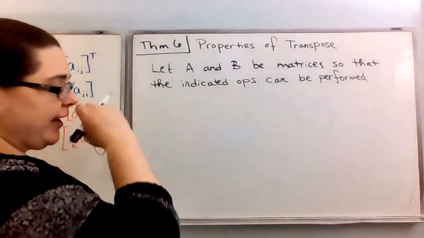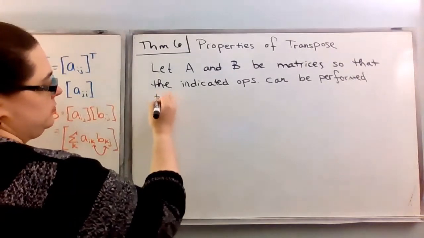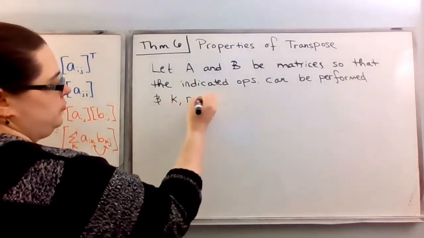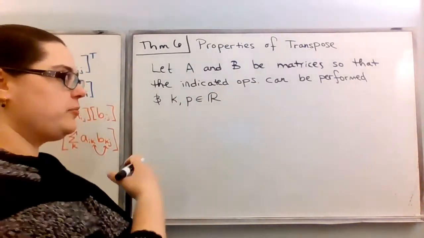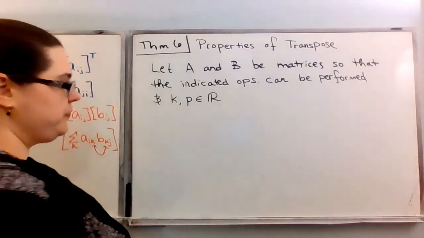And we're going to let k and p be elements of R. So k and p, again, are scalars, and A and B are our matrices.